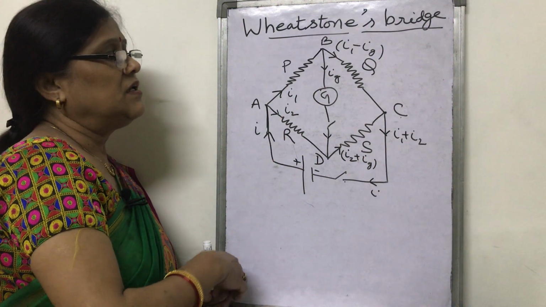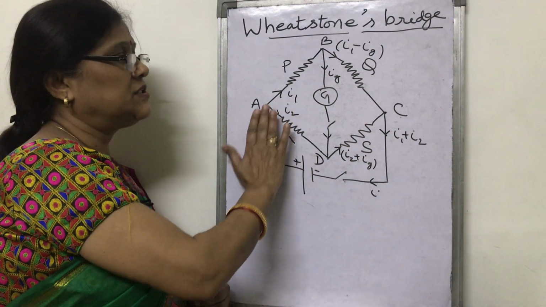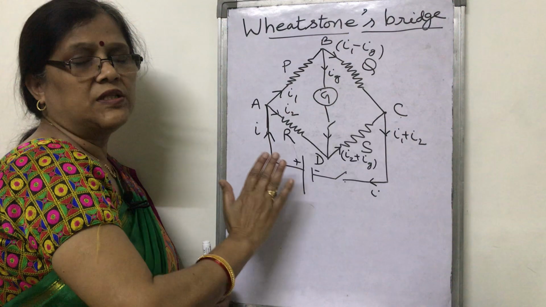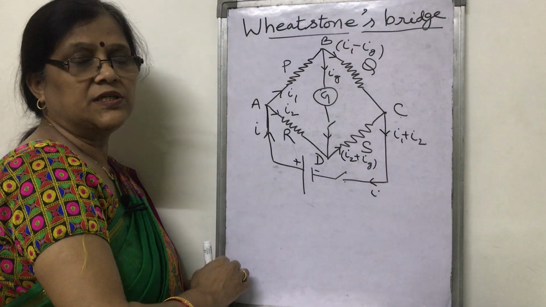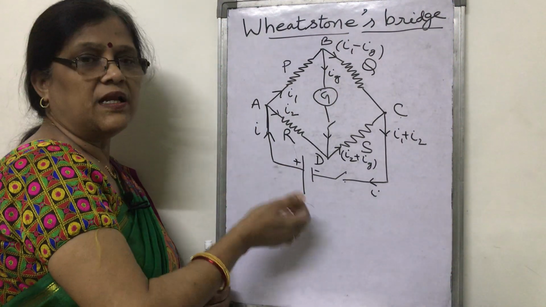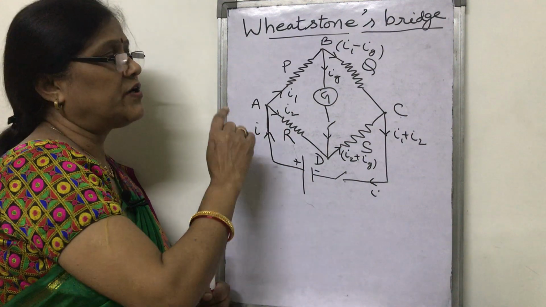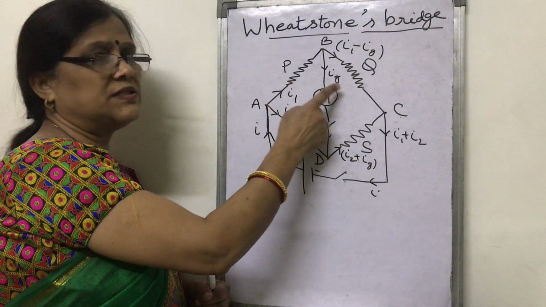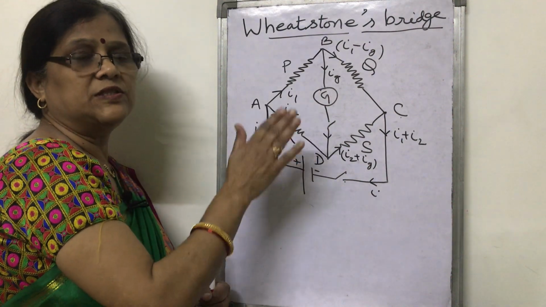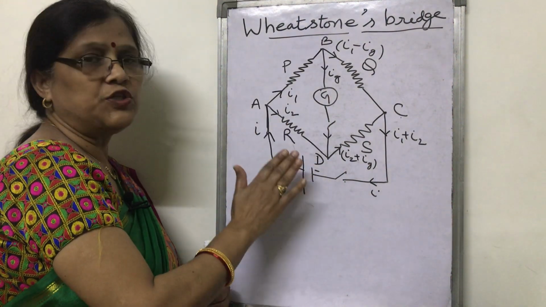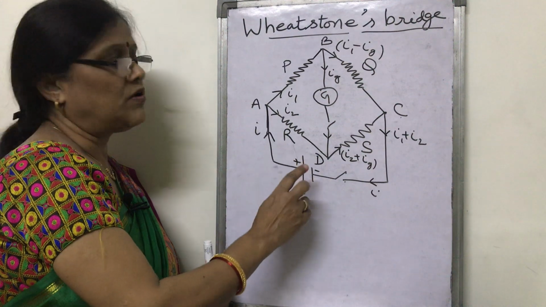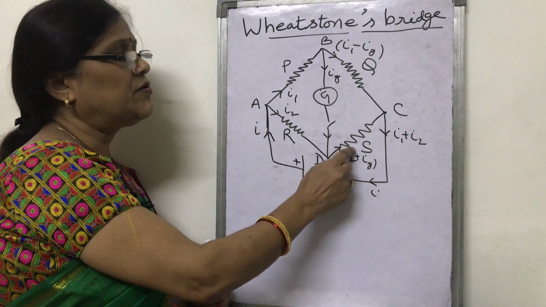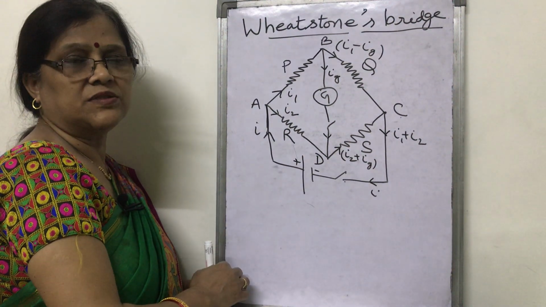Then the bridge is said to be balanced, and in this balanced state the ratio of resistances of two adjacent arms is the same as the ratio of resistances of the other two adjacent arms.